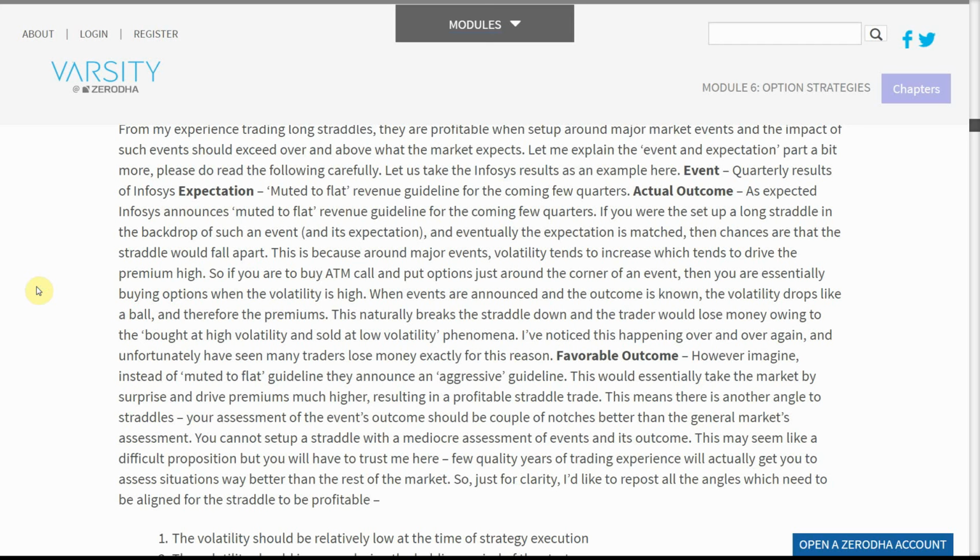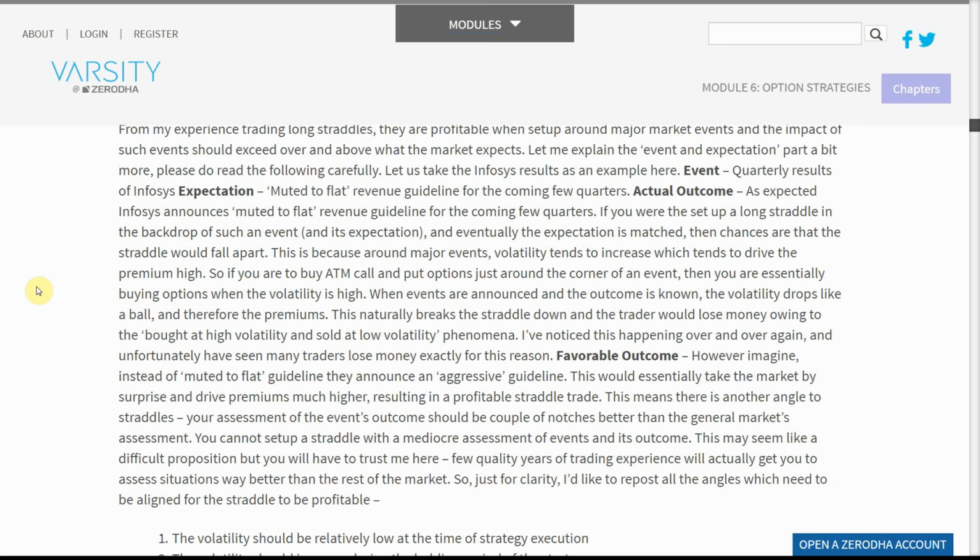So if you were to buy ATM call and put options just around the corner of an event, then you are essentially buying options when the volatility is high. When events are announced and the outcome is known, the volatility drops like a rock, and therefore the premiums. This naturally breaks the straddle down, and the trader would lose money owing to the bought at high volatility and sold at low volatility phenomenon.